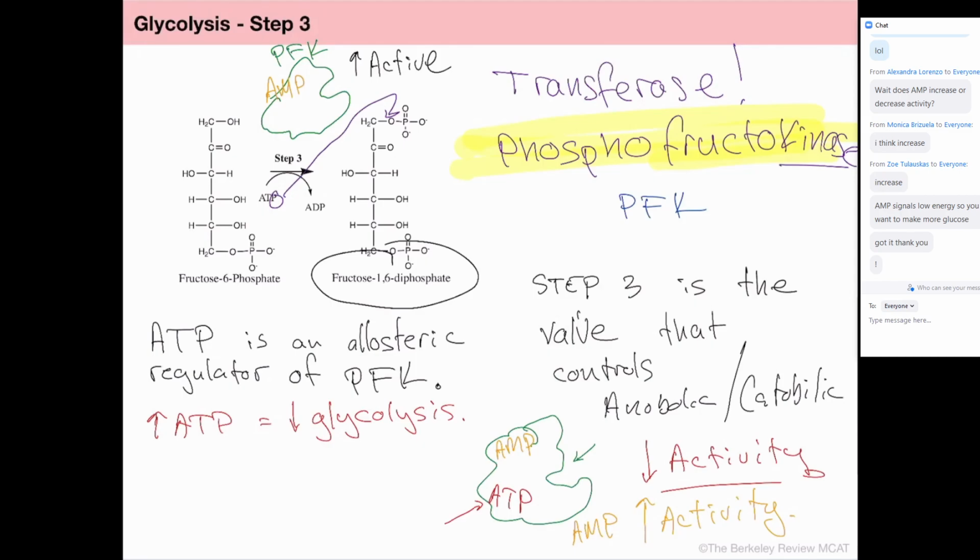AMP and ATP are the classic examples, but high citrate, which comes from the TCA cycle, will also lower PFK activity. It also binds, so you can have citrate on here too.